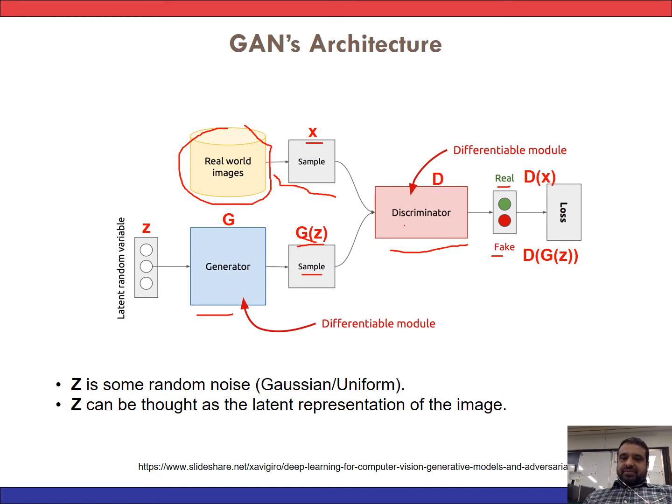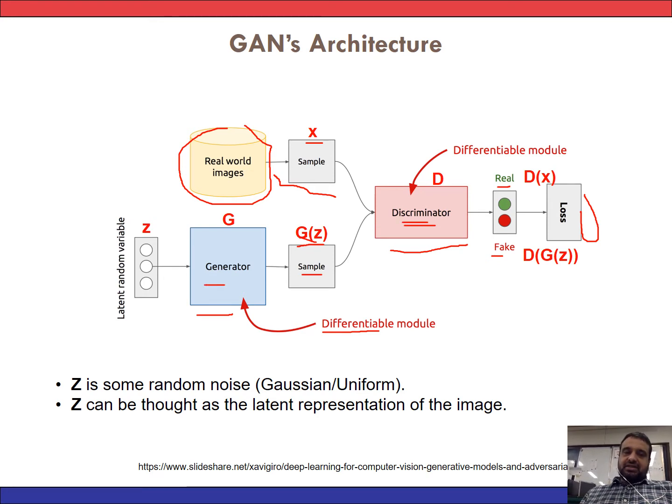Both the discriminator and the generator are differentiable because they are neural networks, and we train them using the backpropagation algorithm that I already explained in my previous lecture, by applying the adversarial loss here. So we minimize this objective and train the parameters of the discriminator and the generator.